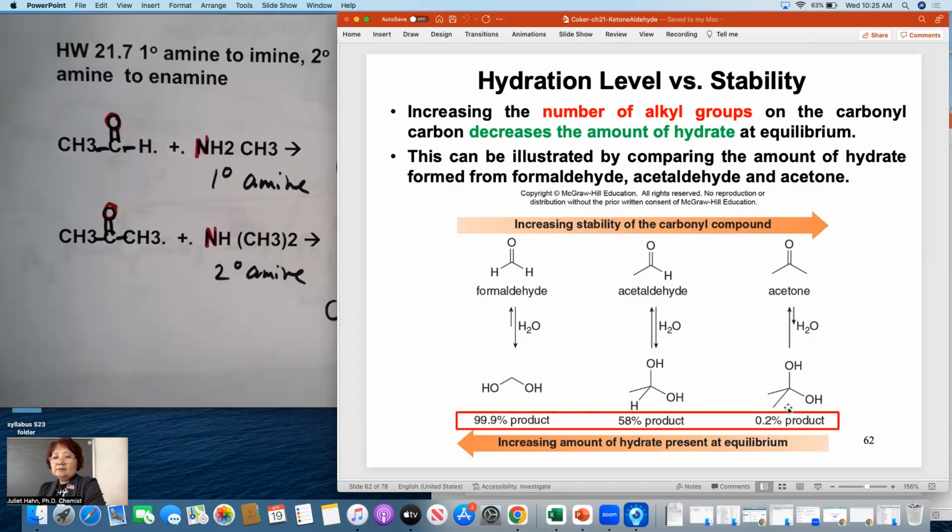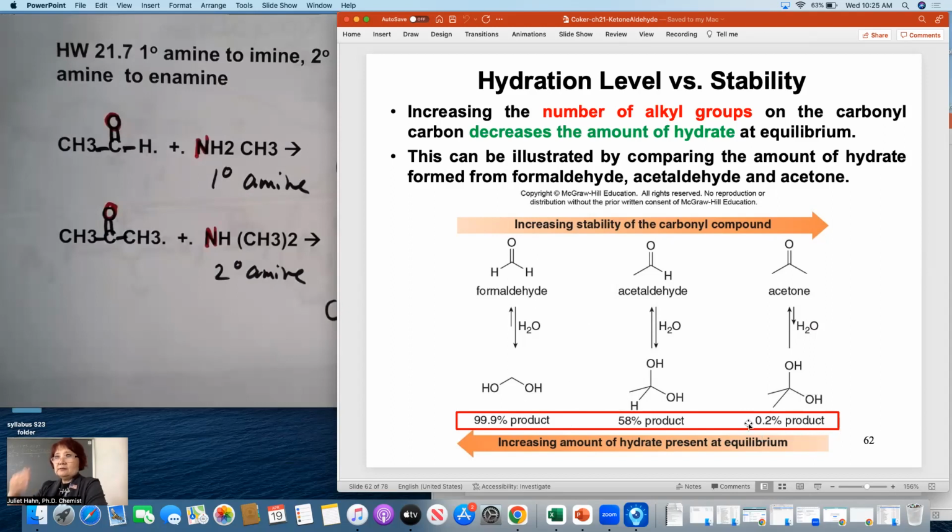Acetone is not a whole lot more hindered than a formaldehyde molecule. It is a little bit more, but in that case, you only have 0.2% of the gem diol. You mostly have just the ketone. You don't get very much of the diol.